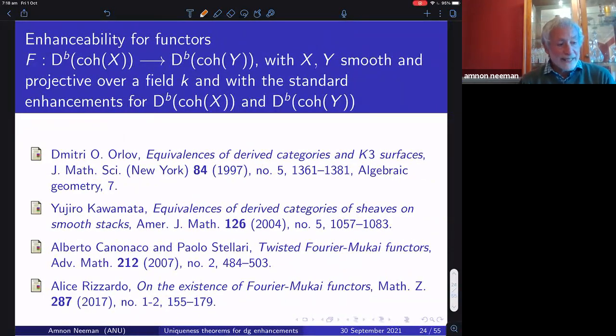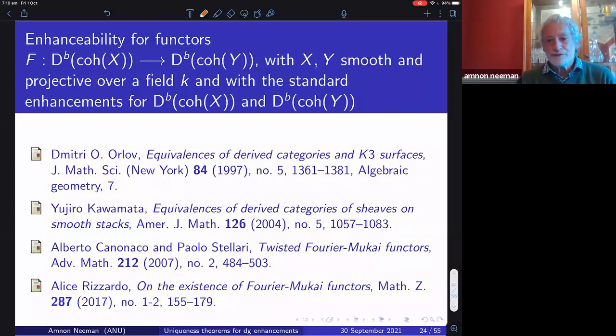And slightly later, in 1995, you have this amazing theorem of Orlov, which says, I mean, until now, all that was known, you'd expect everything to be false. There's an example of a functor which isn't enhanceable.